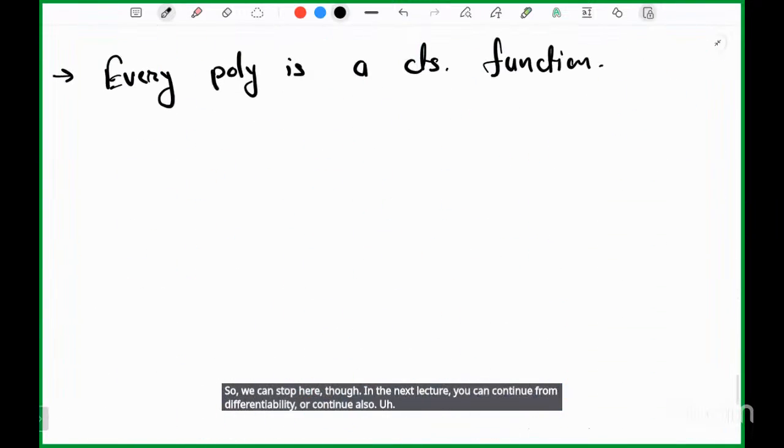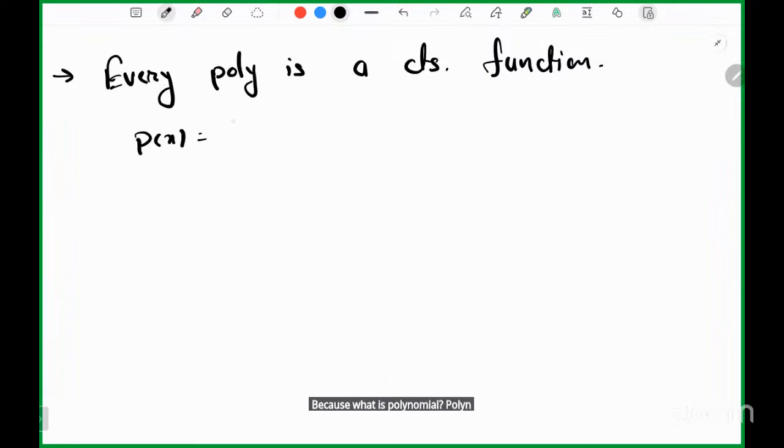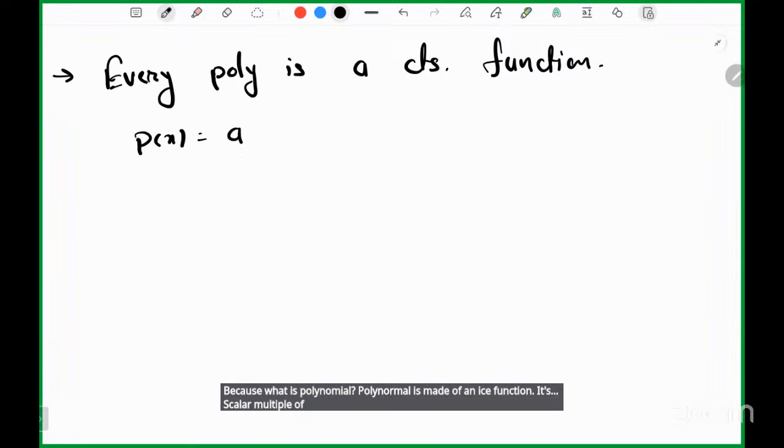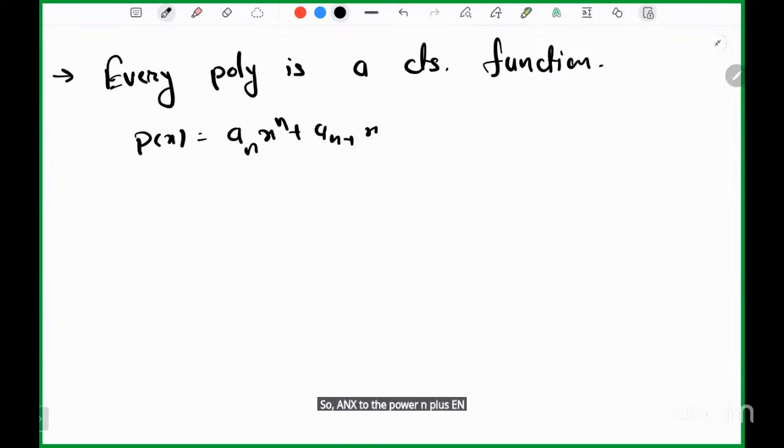This is also the last fact I want to talk about, that every polynomial is a continuous function, right? It's easy to see because what is polynomial? Polynomial is made of nice functions. It's scalar multiple of x to the power n type of function, and x to the power n type of functions are continuous. So an x to the power n plus an minus 1 x to the power n minus 1 plus and so on, plus a1x plus a0, right?